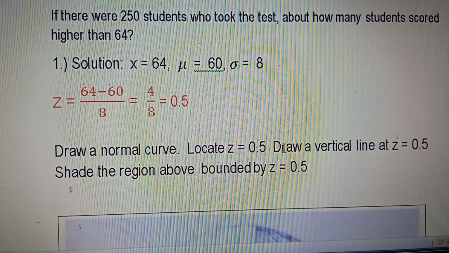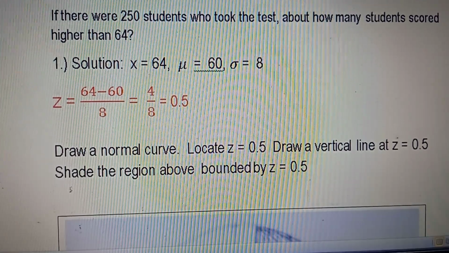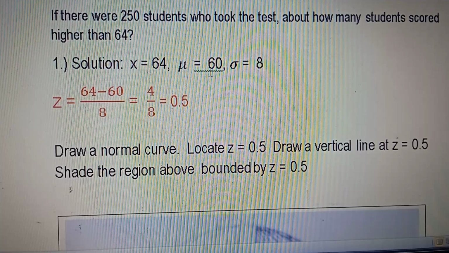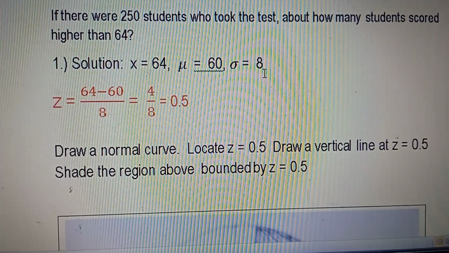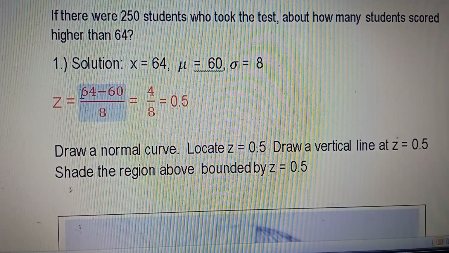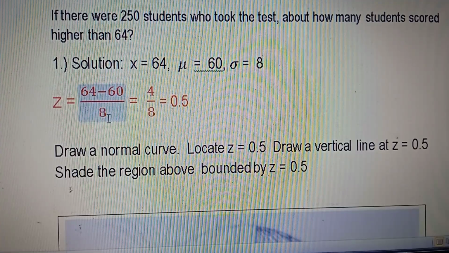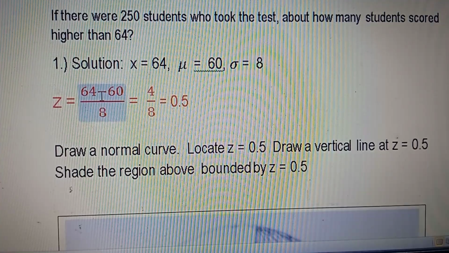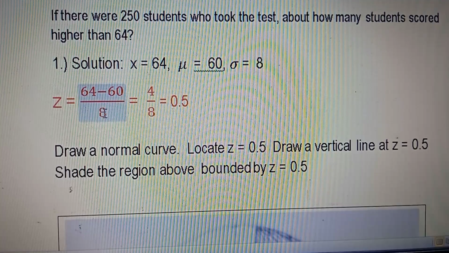Next, if there were 250 students who took the test, about how many students scored higher than 64? Solution. X equals 64, mu is 60, and sigma is equal to 8. So the formula, X minus mu over sigma, that is 64 minus 60 over 8 equals 4 over 8, that is 0.5.